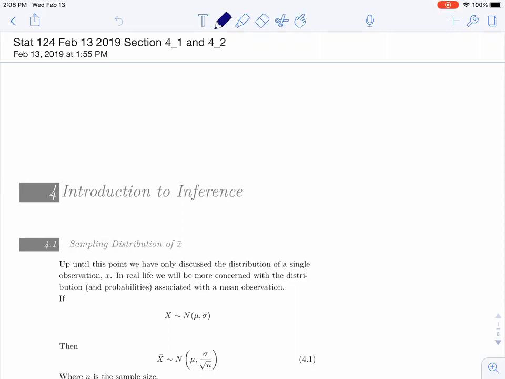So we've got chapter 4 notes. I posted them on the Null chat. Printouts.